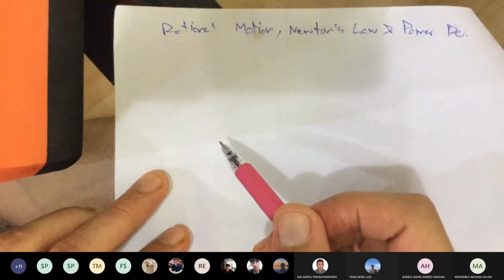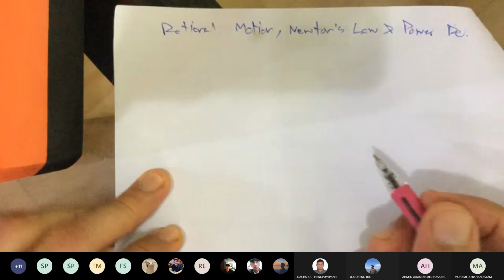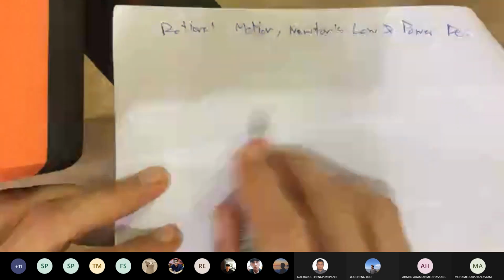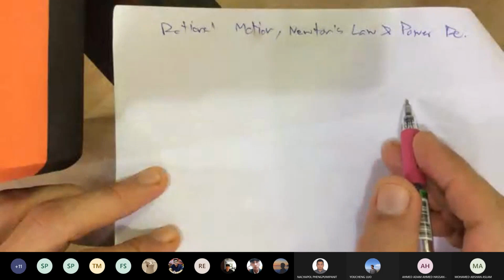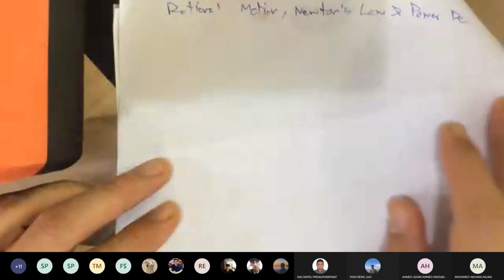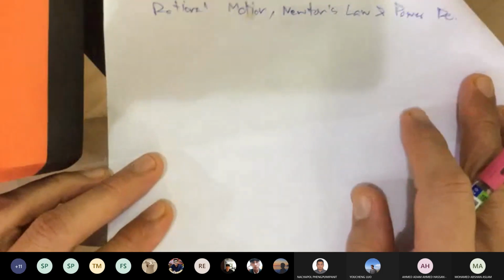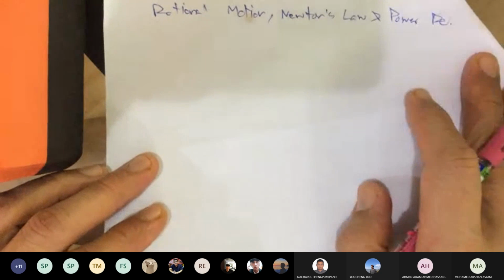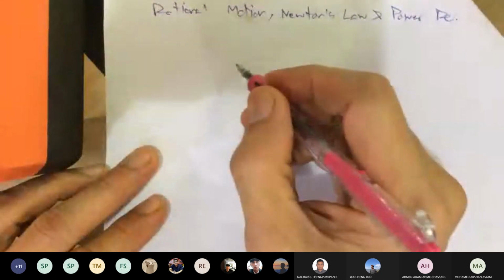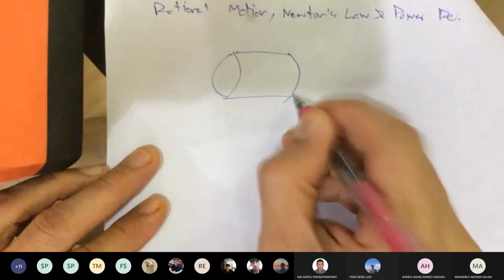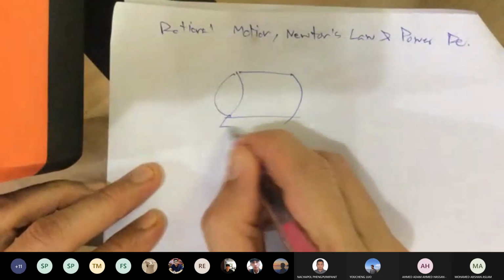Okay. Our machines are not linear movement machines. I guess most of you know what a motor is going to look like. Okay. So I'm going to do a crude drawing here. This is my motor. Cylindrical shape, 3-dimensional drawing with a base.